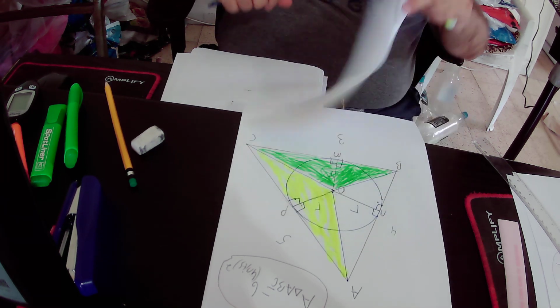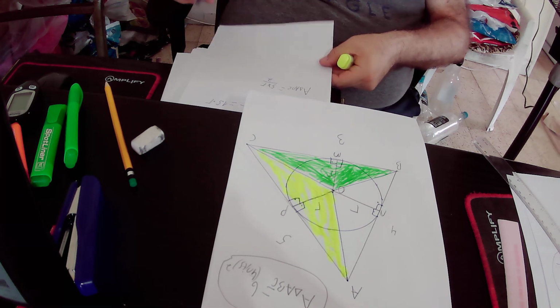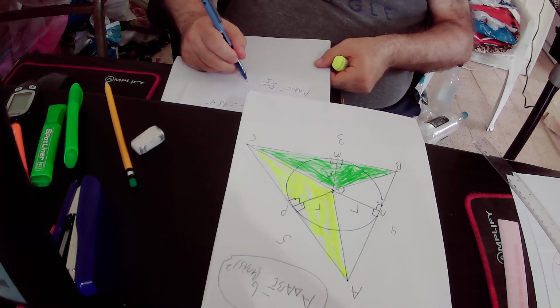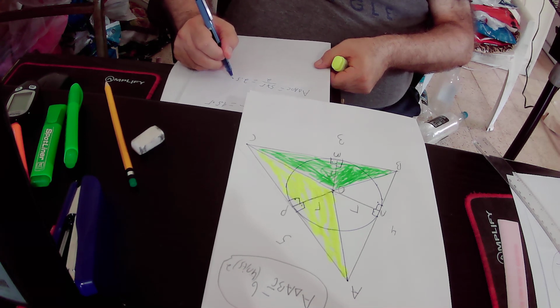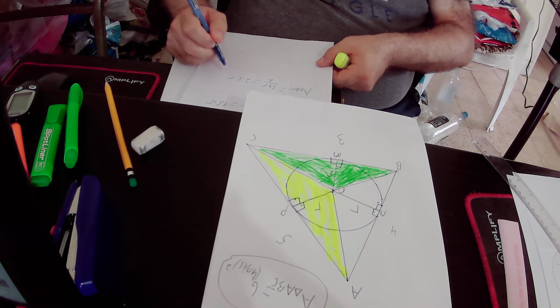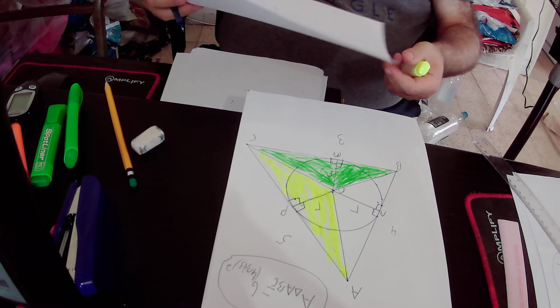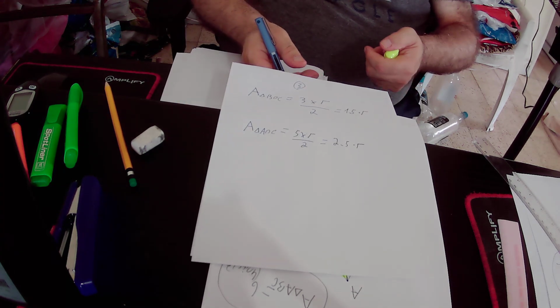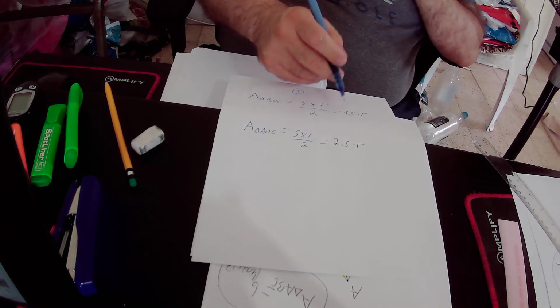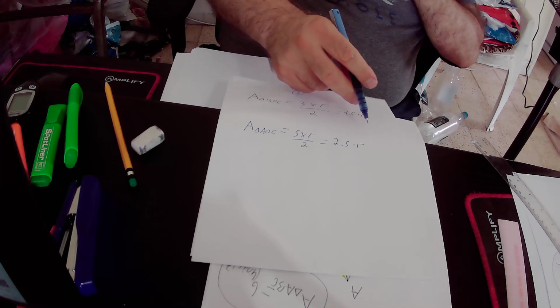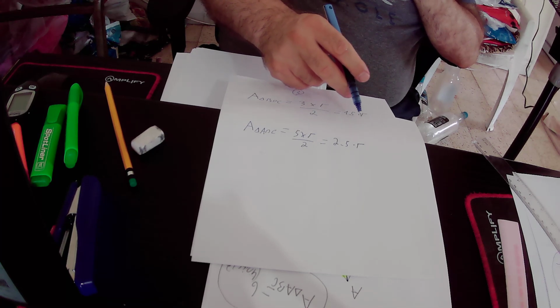In total we get that the area of the yellow triangle equals 2.5 times the radius of the circle.